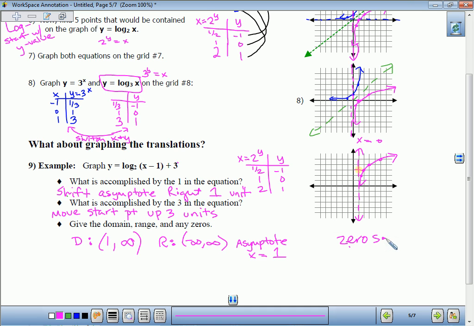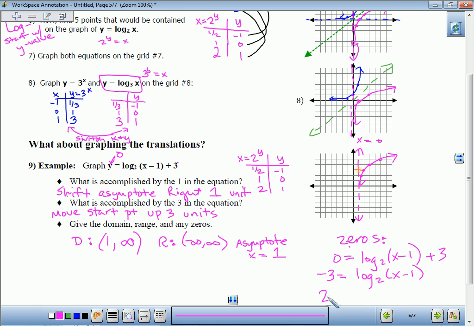Okay, now I told you I'd show you how to find the zeros on this one, and it's really easy. The zeros of the function are where the y value is 0. So we have this equation, 0 equals log base 2 of x minus 1 plus 3, and we would just solve that algebraically. We would move that 3 over, and this is something you definitely could do. I'm just not going to make you.